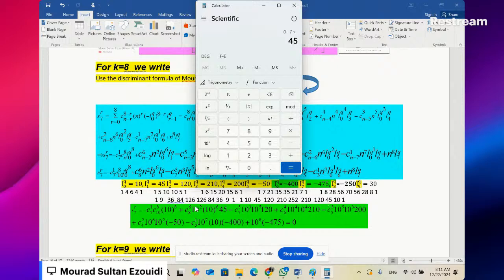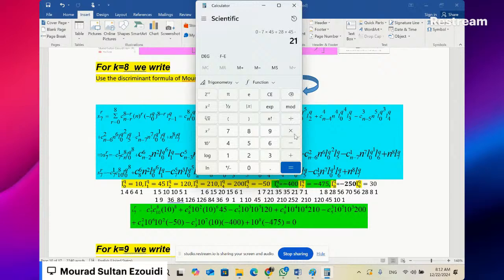Then plus 8 choose 6. 8 choose 6, this is 1, 2, 3, 4, 5, 6 means 28. Means plus 28, okay, times 45, because the coefficient and 1 is 45, is equal to 45. Minus 7 choose 5. This is 1, 2, 3, 4, 5, means minus 21.